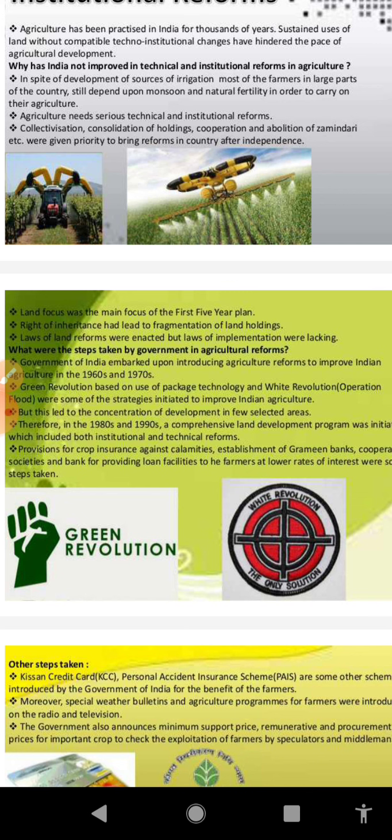So, realizing that credit is an important component of any agricultural reform, the government has taken several steps to ensure the flow of funds from the government agencies for agricultural development.